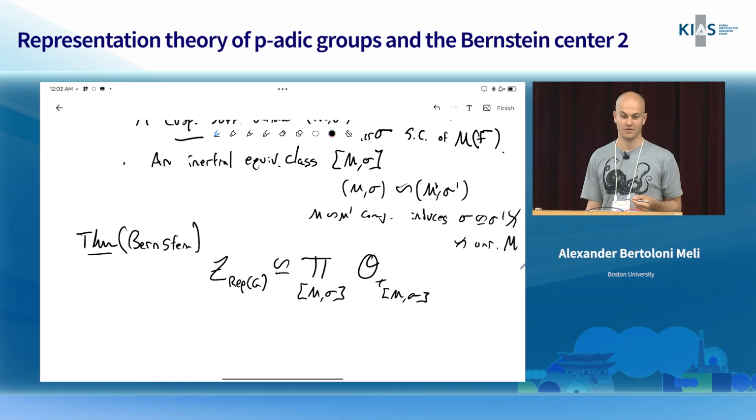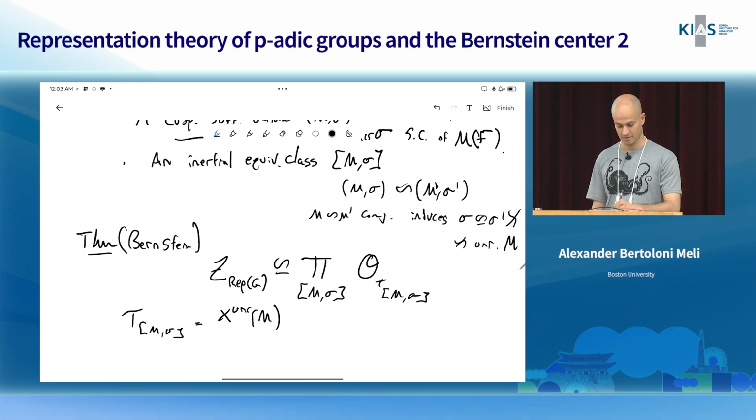You take a product over all the inertial equivalence classes of cuspidal support data, and then there's some torus that I'm about to tell you how to get, and then you take the regular functions on that torus. So how do we get the torus? Well, T of M, sigma is going to be the quotient of X unramified of M by the stabilizer of sigma.